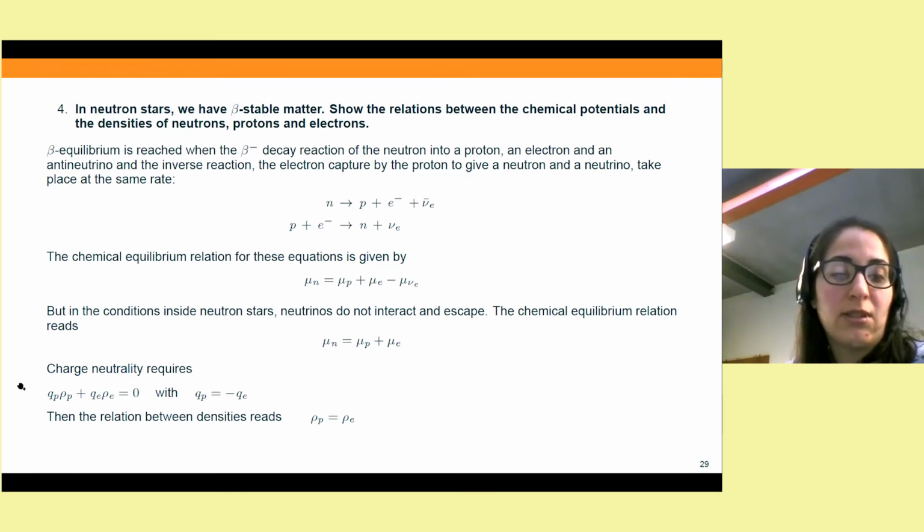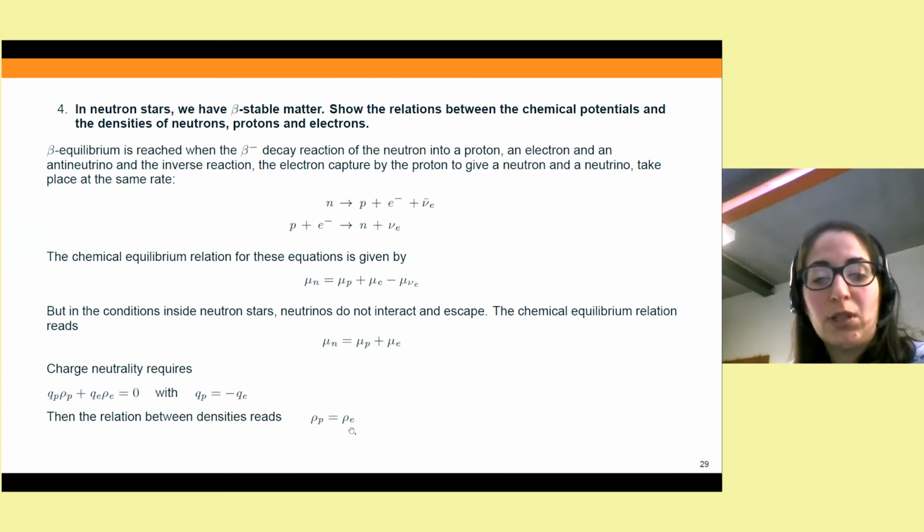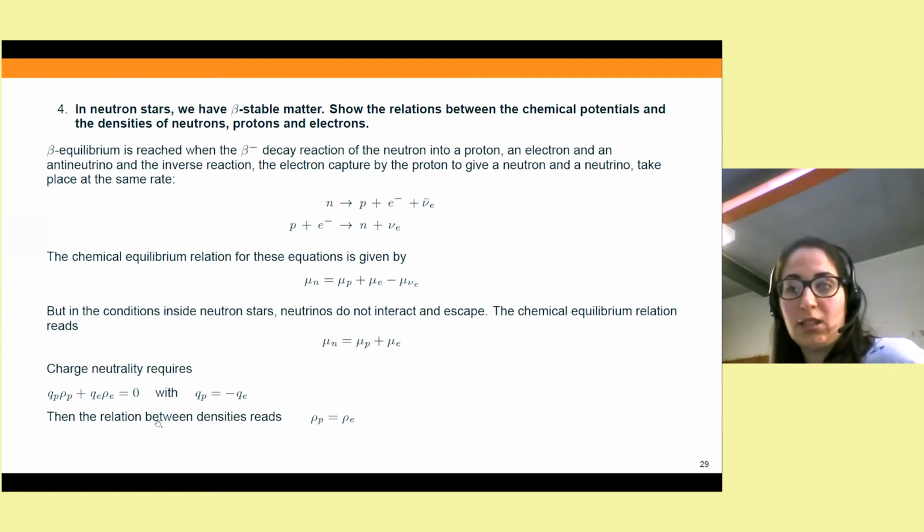So we have that our matter is neutral, okay? But the proton charge is just minus the electron charge. So the relation that we see is that the proton density has to be equal to the electron density at all densities to ensure this charge neutrality.